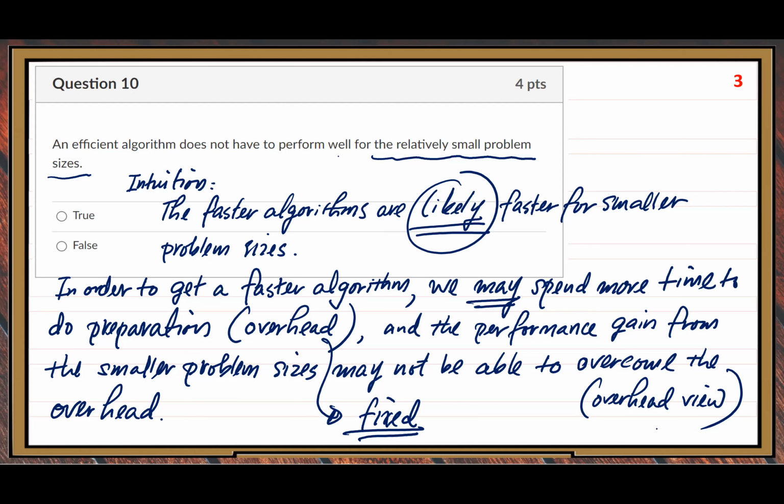But I also like to give you another view, from asymptotic notation. Let me write the correct spelling: asymptotic notation view. From the asymptotic notation view, we can also see this point.